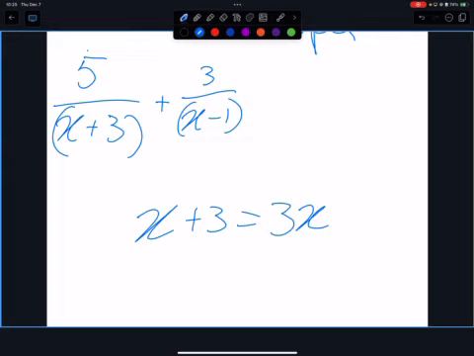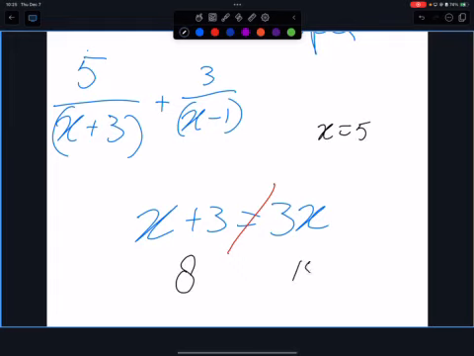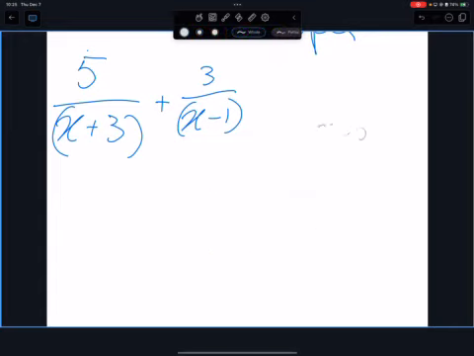Why is this not possible? Because if x was 5, what would happen? This becomes 8, and this becomes 15.